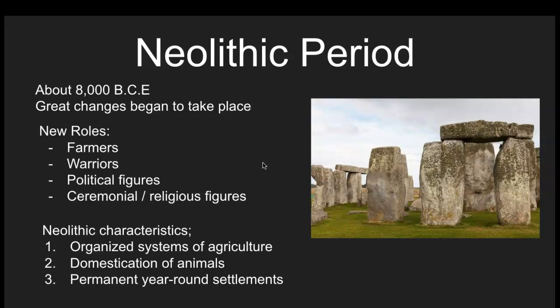And that means that life is more stable, and some people in the society are able to devote their lives towards something other than sustenance. So a military class develops, and we have warriors and soldiers that are concerned with the protection and defense of their group, their society, and possibly expanding the territory of their society beyond what they already have.